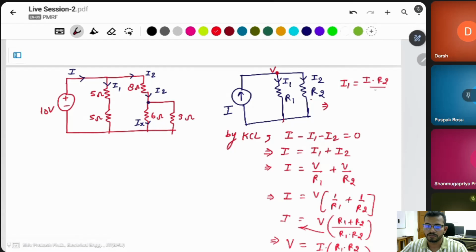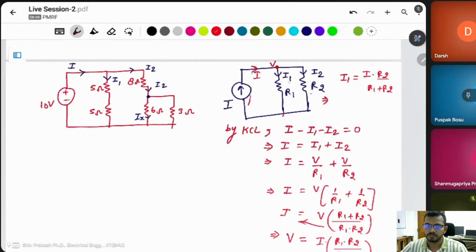Total current I is divided into two parts, I1 and I2. Then I1 is total current into the opposite resistance, R2, divided by the total resistance, is the current flowing through this resistance. Same thing applies here: I2 is the current flowing through this branch and divided into two parts.